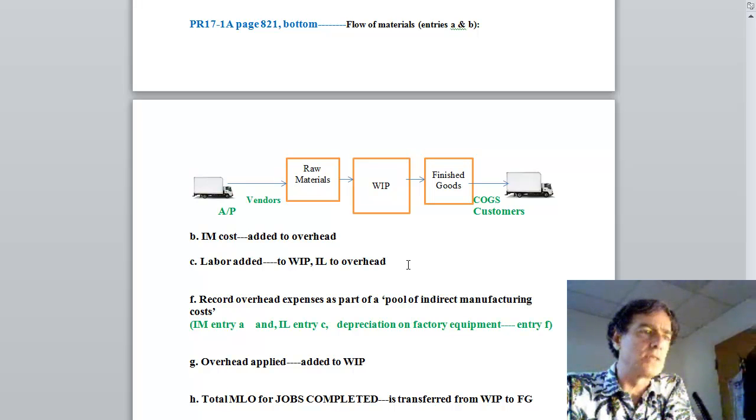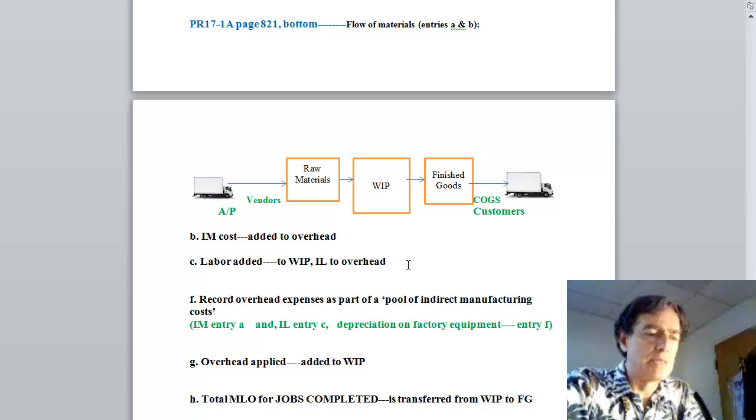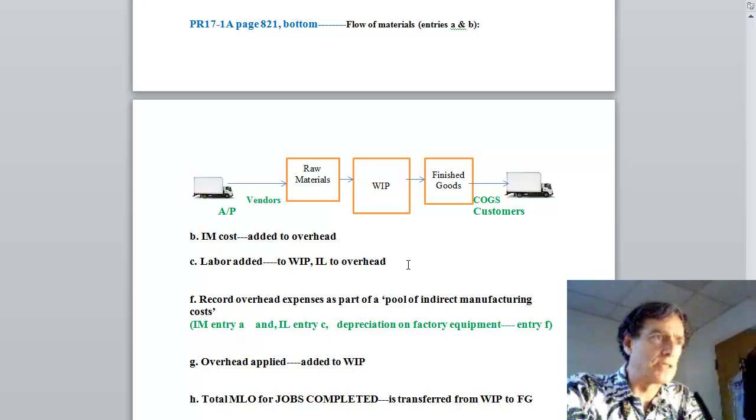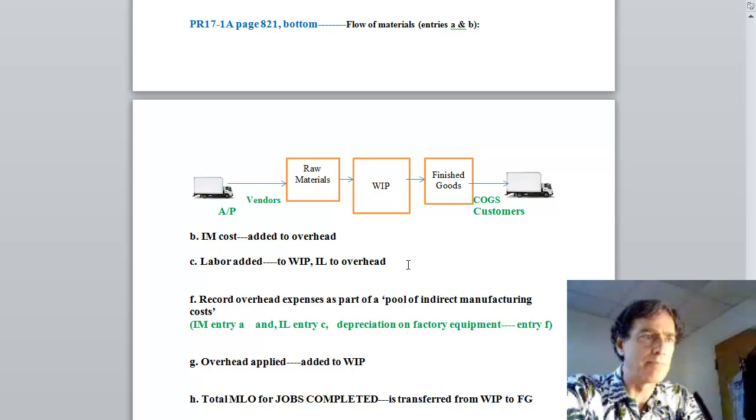Overhead expenses are product costs, the third type of MLO, and S&A expenses related to the office are recorded monthly as period costs, not part of overhead, not part of the product costs.